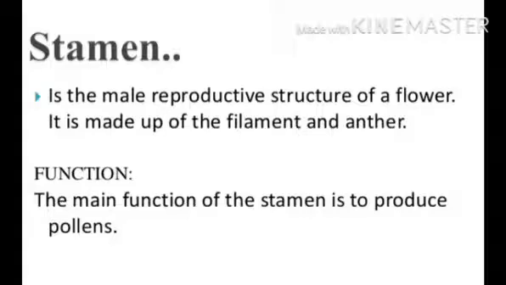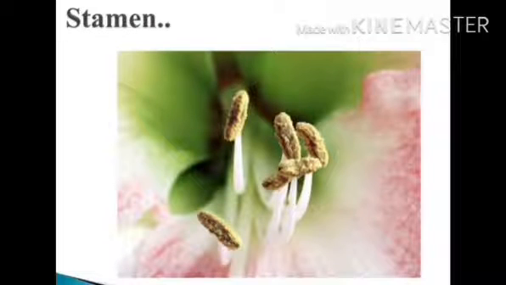Stamen, the male reproductive structure of a flower, is made up of the filament and anther. Function: the main function of the stamen is to produce pollen, which is useful for fertilization or formation of fruit and seed. See, the white part is a filament, and above the white portion is an anther, which contains pollen grains, the male gametes.